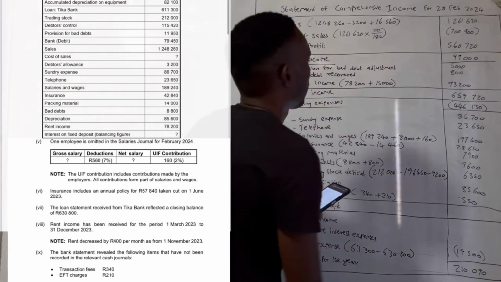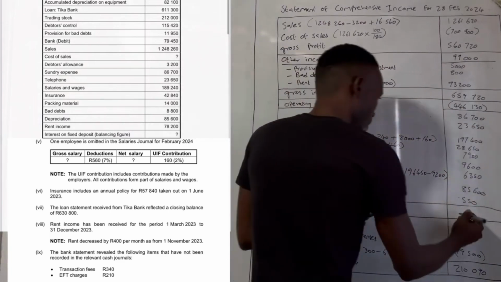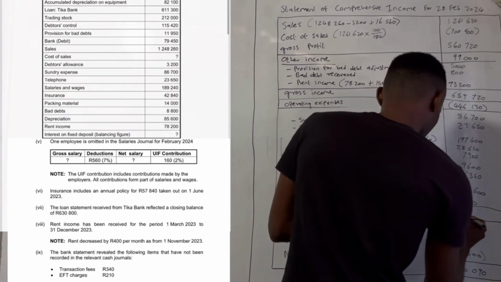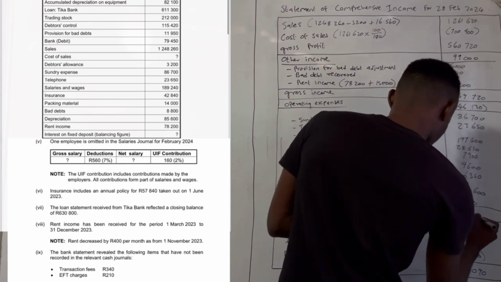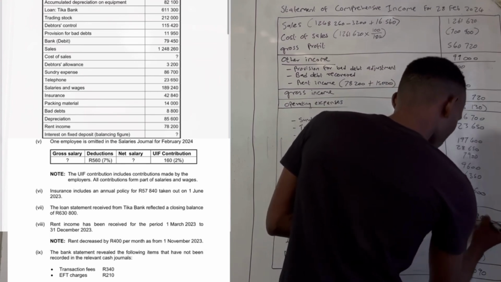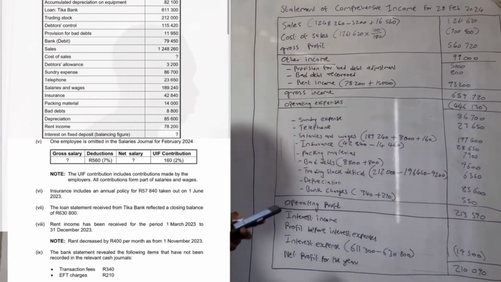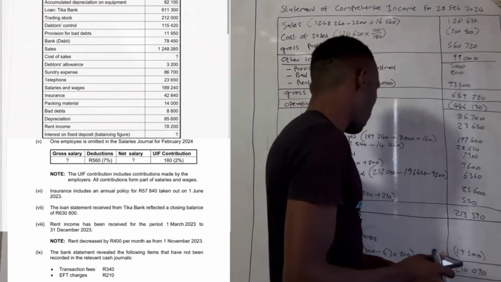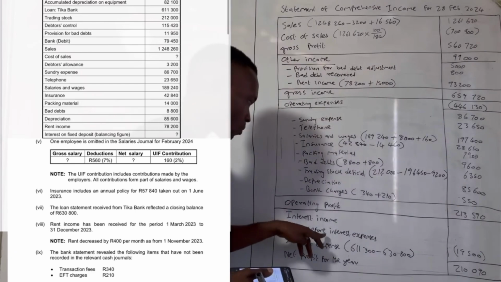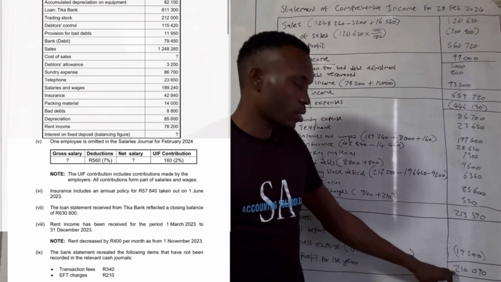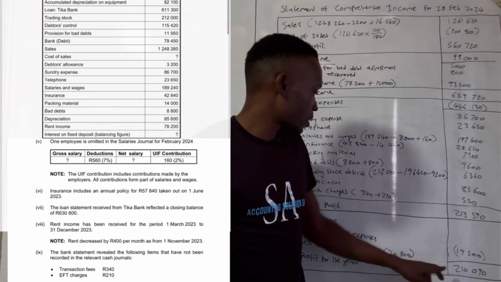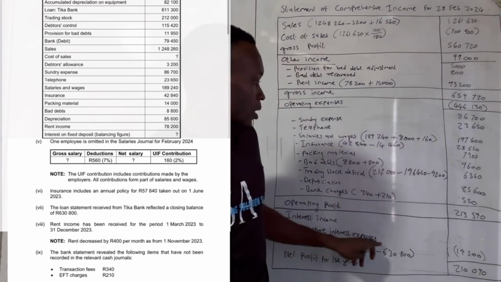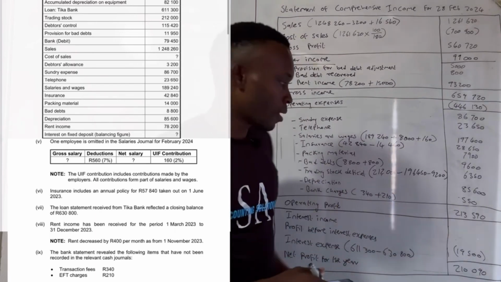All right. Then operating profit. This one minus this one, it will give you 213,590. Okay, guys, we don't have any other transaction now. But we can get this. Remember, the profit for the year was given, which means that we must get profit before interest expense as a balancing figure.